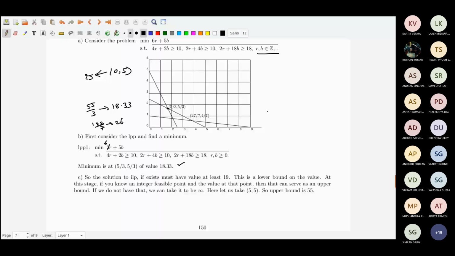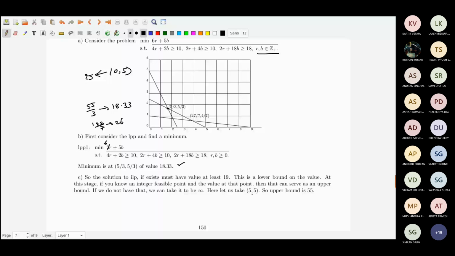Here, for example, I have just taken 5, 5, because I know that 5, 5 satisfies the constraints. But otherwise you could directly take it to be infinity, if the computer does not know whether there is even one feasible point with integer coordinates.